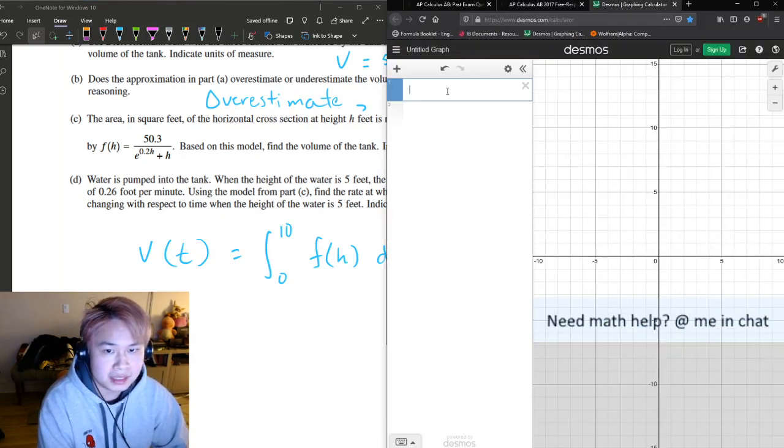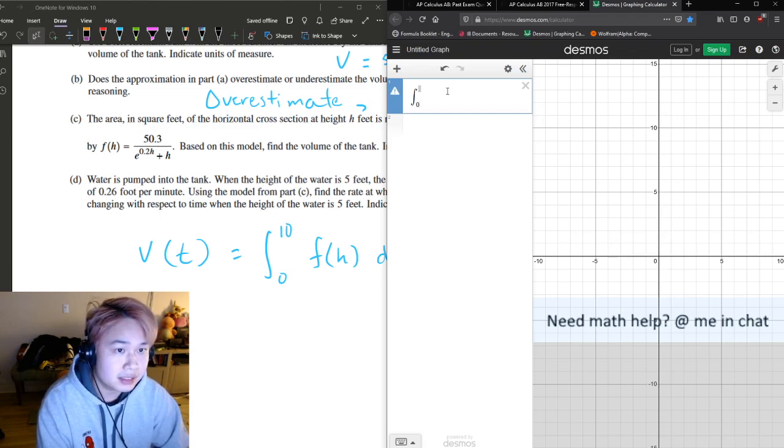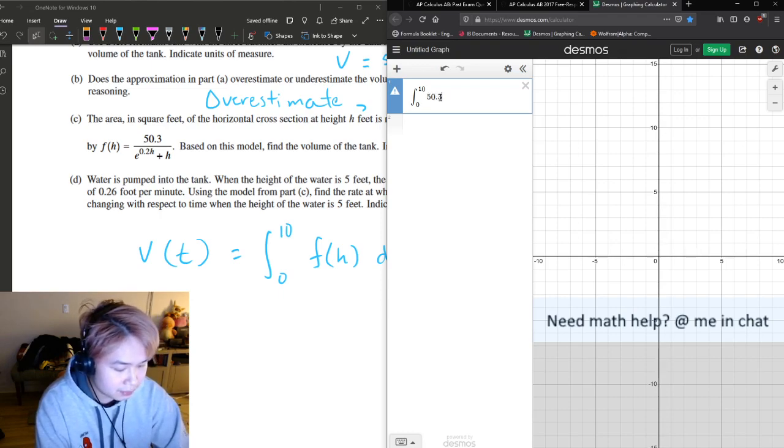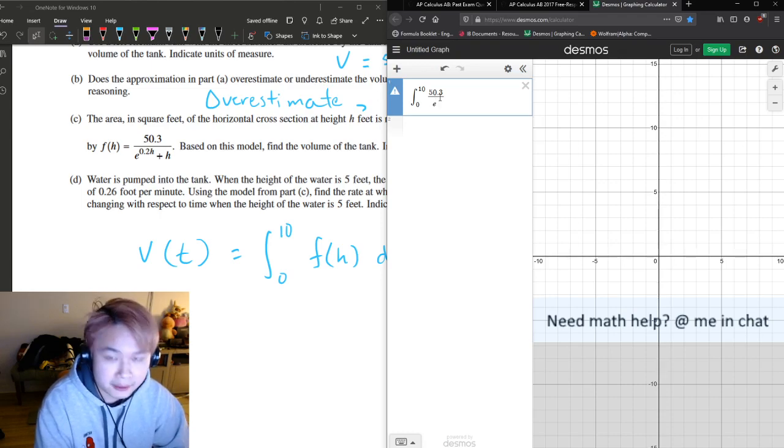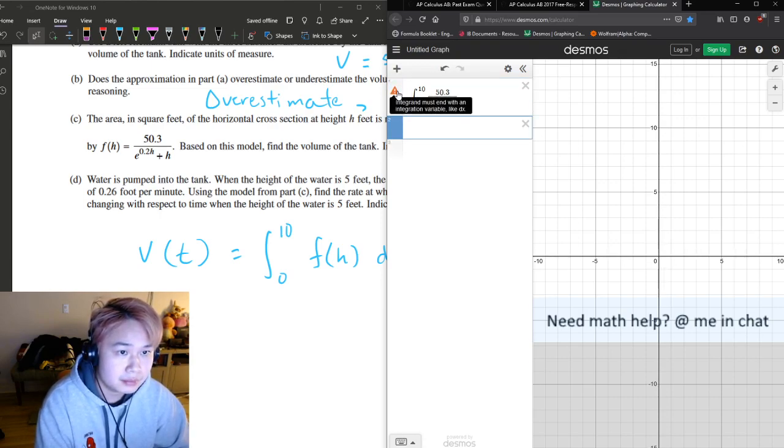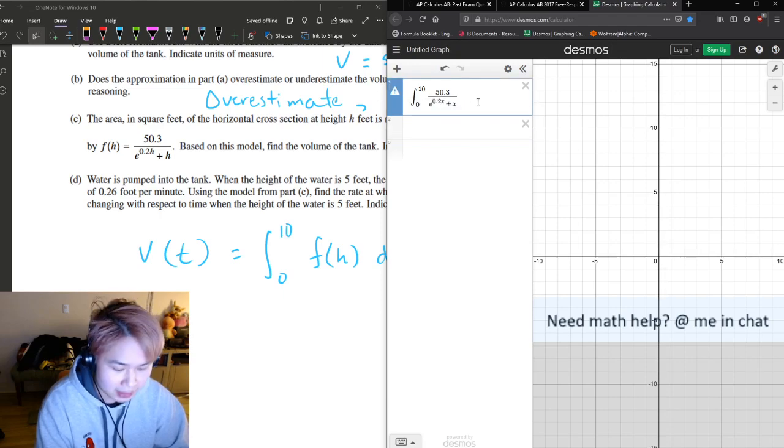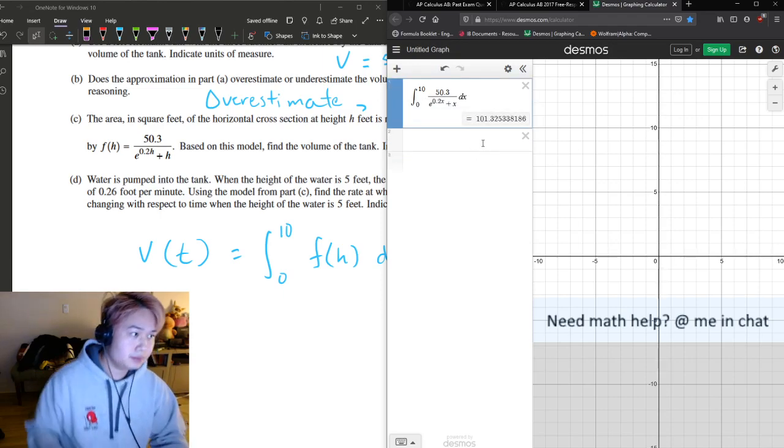I'm just gonna open up Desmos. So I want to integrate from 0 to 10, and my function is 50.3 divided by e to the power of 0.2x, plus x, dx.